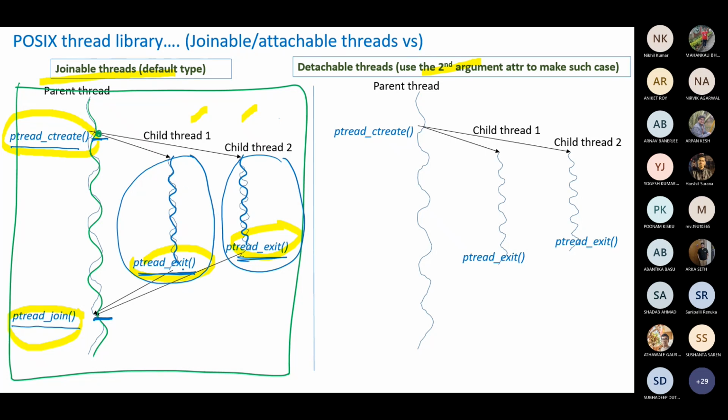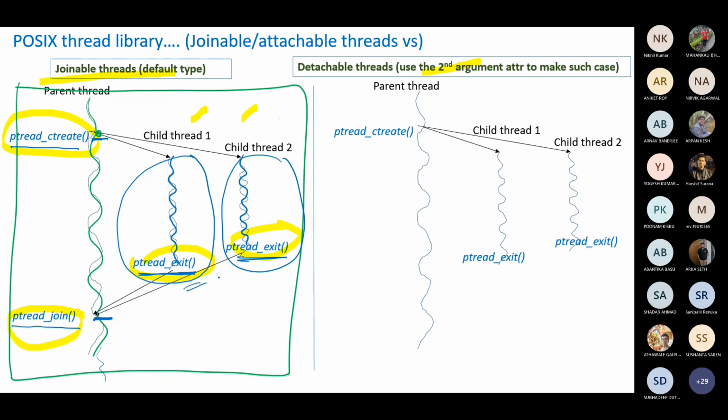Whatever way it is, if the parent waits for it, it will try to synchronize, somewhat similar to the wait system call, and after it has synchronized properly, it can again continue running. So this is one option, how a parent thread will synchronize with the child thread.